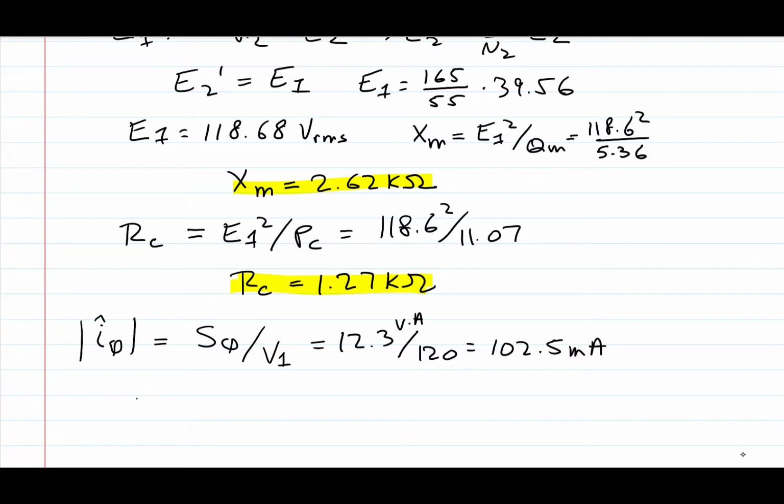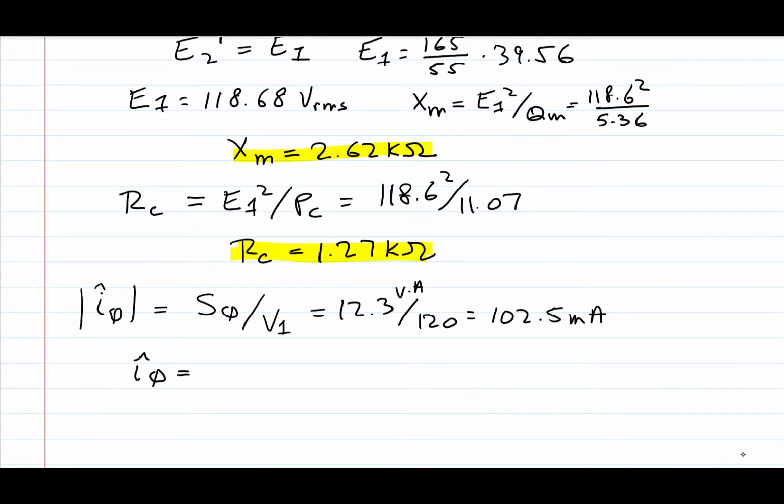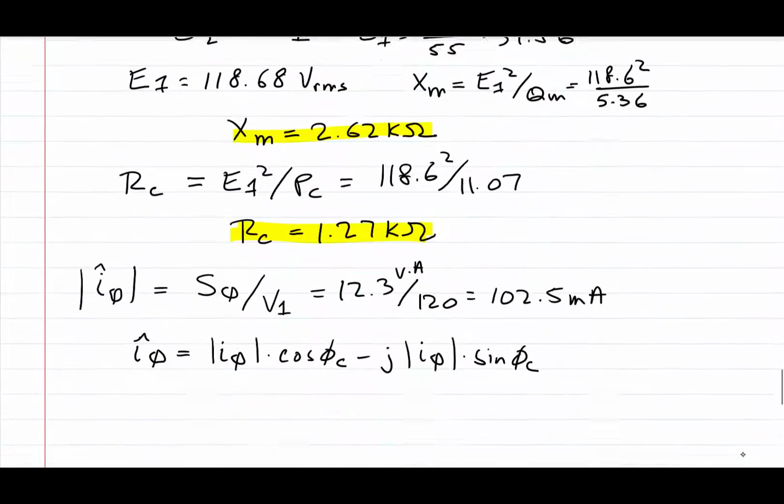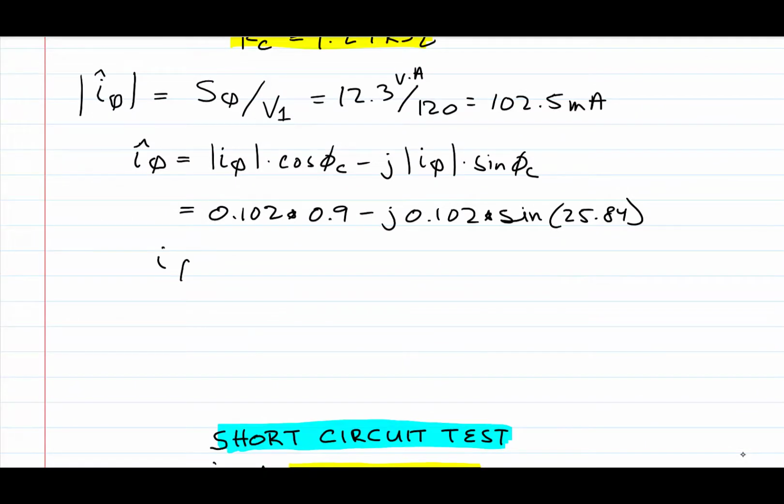We also know that the excitation current, the entire phasor representation of it, is this expression. So the inverse cosine of 0.9, okay, so that's our angle there. And I've calculated the polar form of it because that's usually what we're going to use.